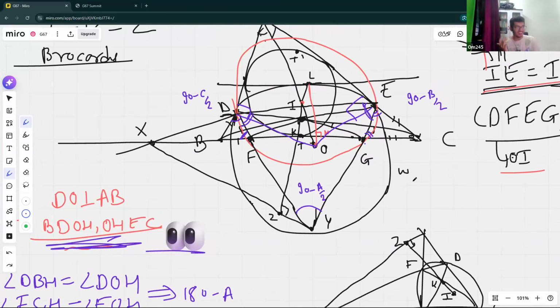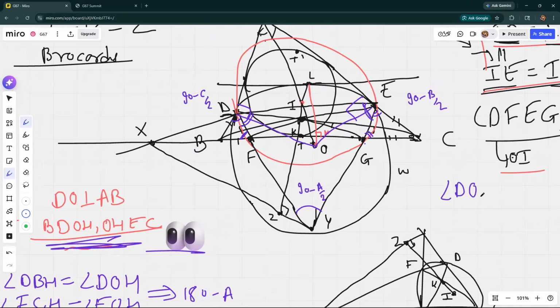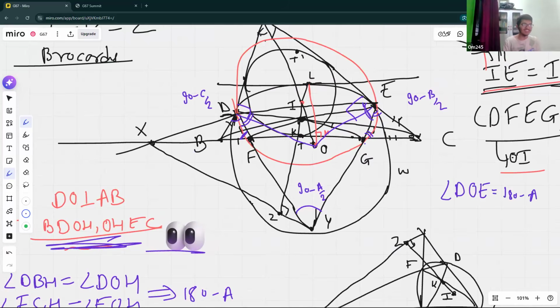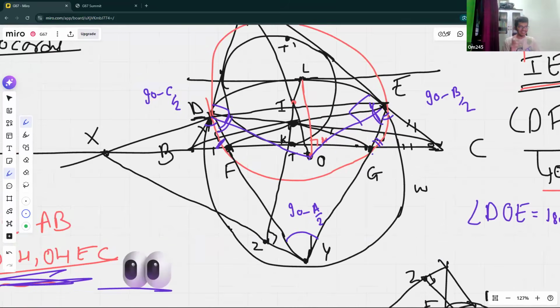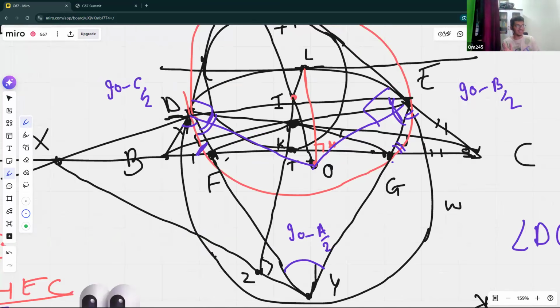How should one know which angles to chase? There are a lot of angles, right? The way I angle chased was: this is 90 minus B by half and this is 90 minus C by half, and I never cared about these angles, even though they're trivial to see, because it's hard to visualize those angles randomly in head.